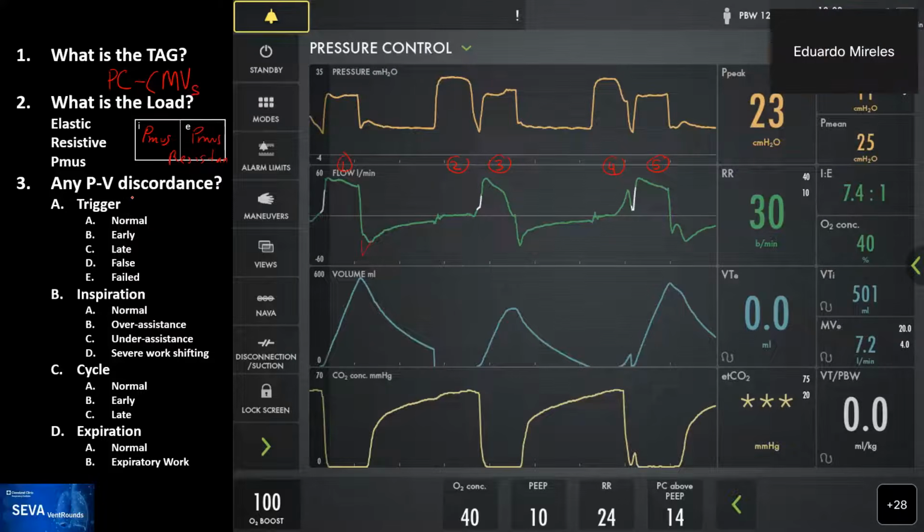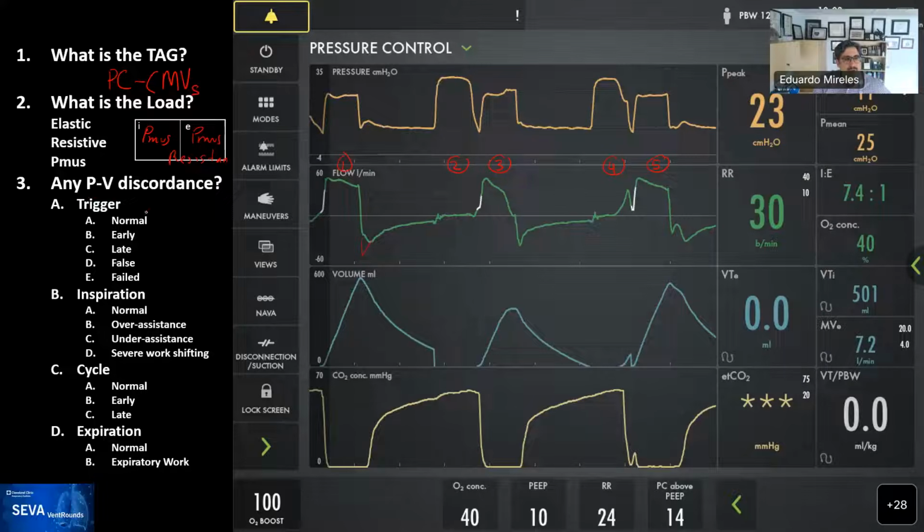So let's start with the patient ventilator discordance as we come back. The first one that we look at is trigger. And remember, on this ventilator, when the ventilator senses a patient signal, it doesn't mean that it's the patient. It just sends a trigger because it interpreted the signal as being the patient. It will change colors on the waveform.